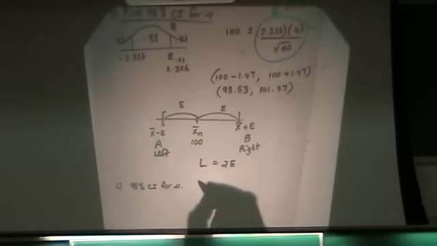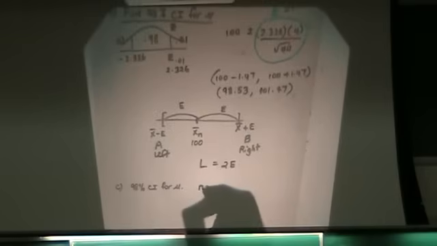I take a sample of size n equals 40. Let me change the sample size. N equals 20. X bar 20 equals 100. But this time sigma is not known.